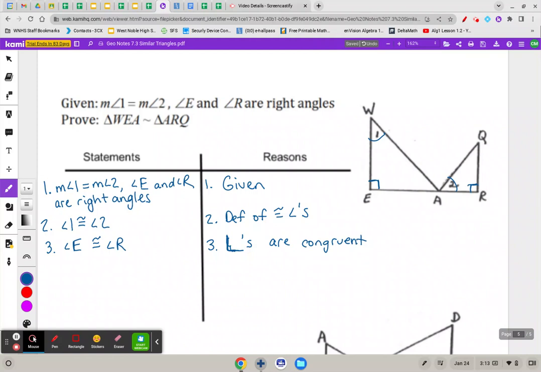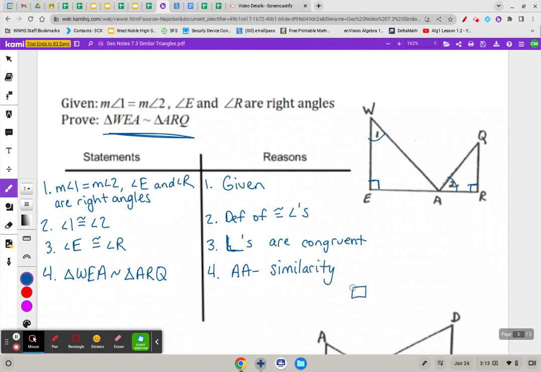Now that we have two pairs of congruent angles, we can actually use angle-angle similarity to say that triangle WEA is similar to triangle ARQ. That is our proof statement. You just rewrite that. And this is by angle-angle similarity. And we're good to go.